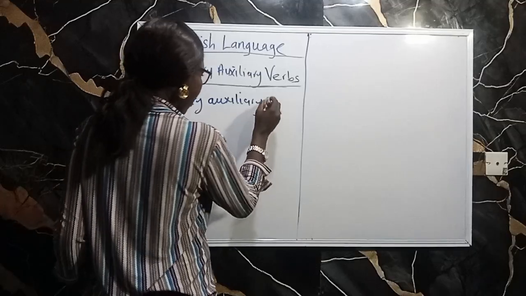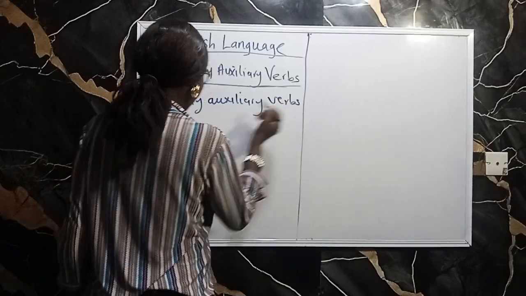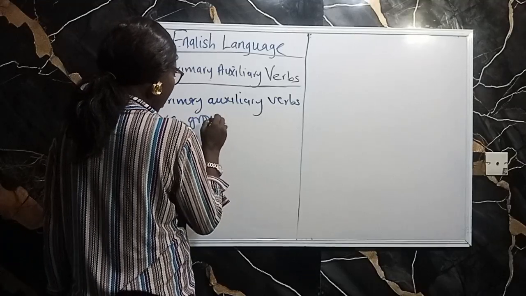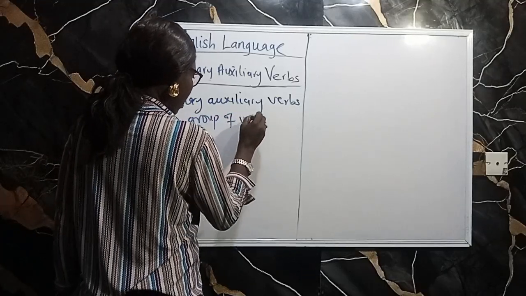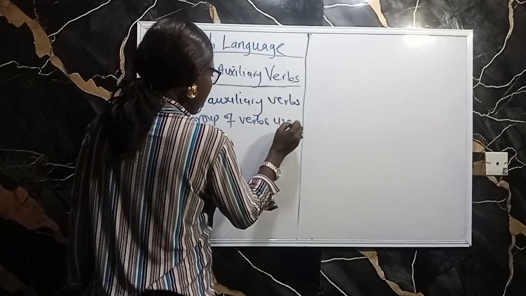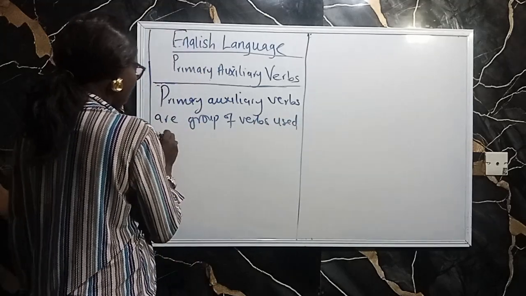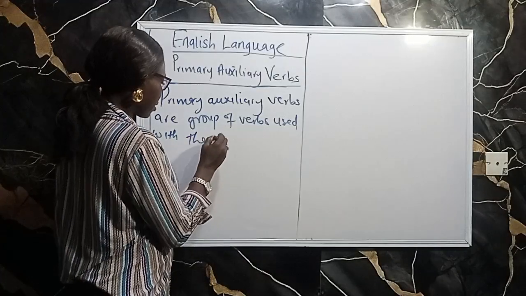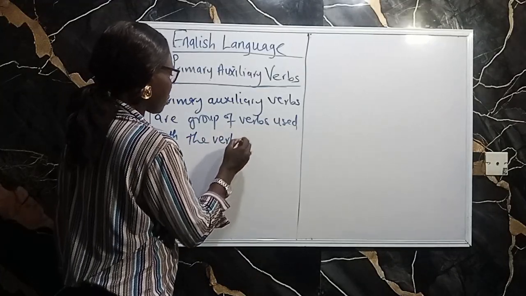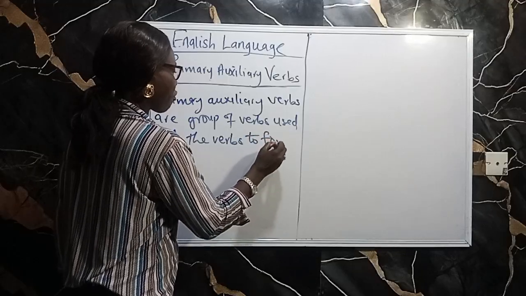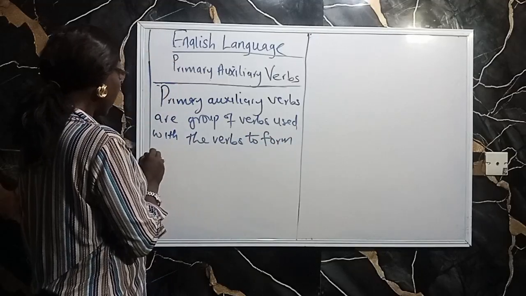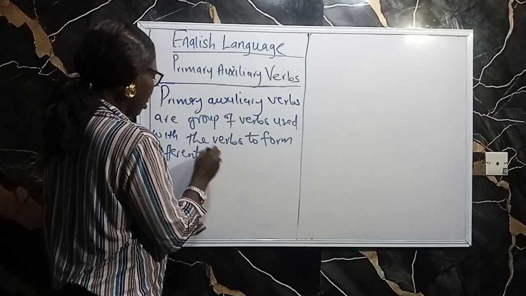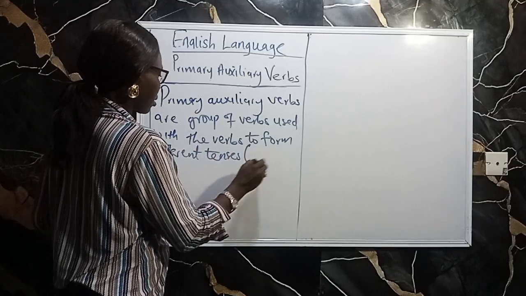Primary auxiliary verbs are a group of verbs used with the main verbs to form different tenses.